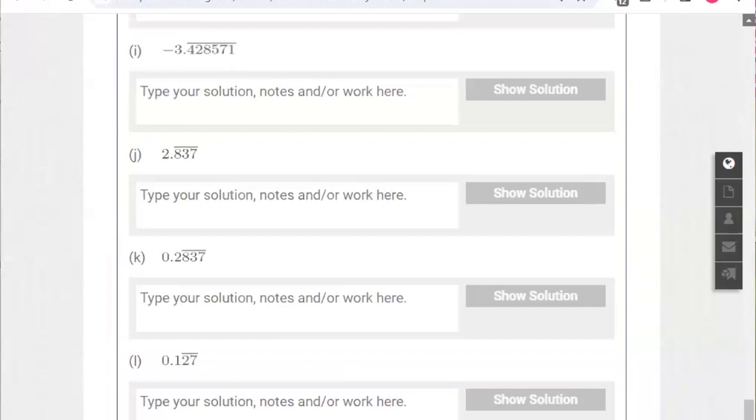Since the repeat is in the decimal, we can just say x is equal to 2.837 repeating. So now we need another one that's going to give us the same decimal. So we're going to multiply it by?